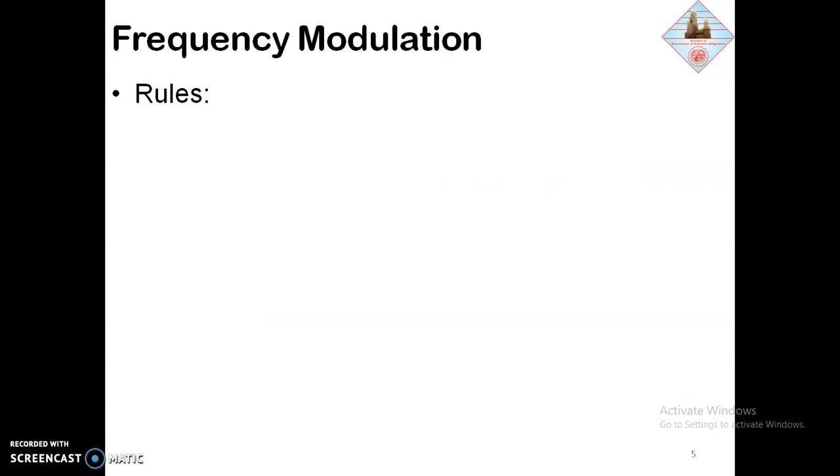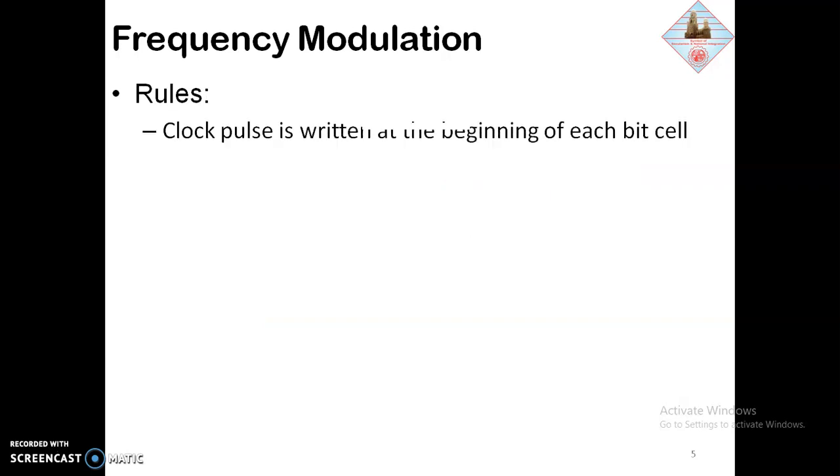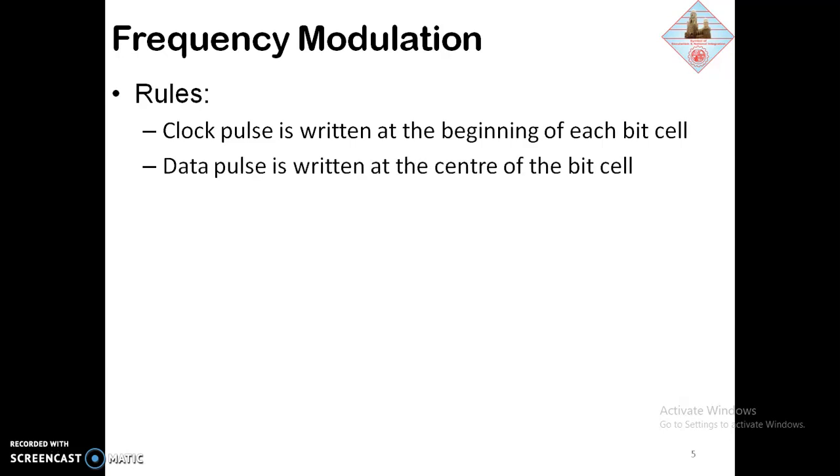Now let's learn the rules required to implement FM technique. The first rule is a clock pulse is written for each bit of data and it is written at the beginning of the cell. The second rule states that a data pulse is written at the center of the bit cell.